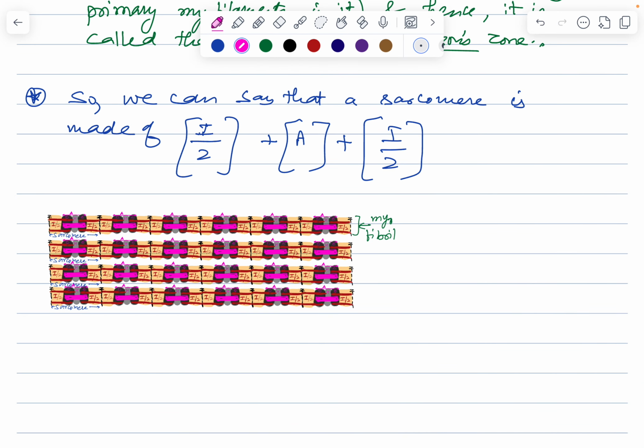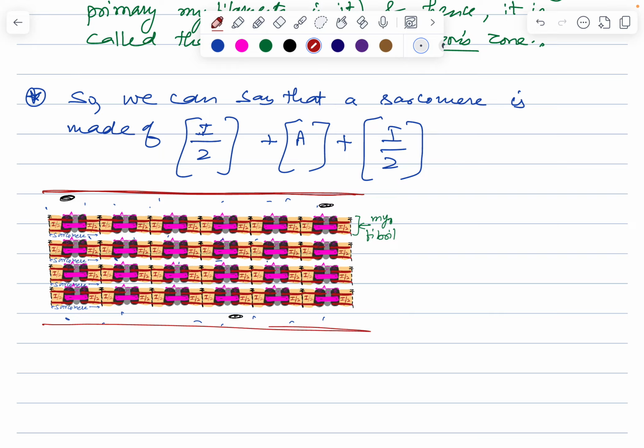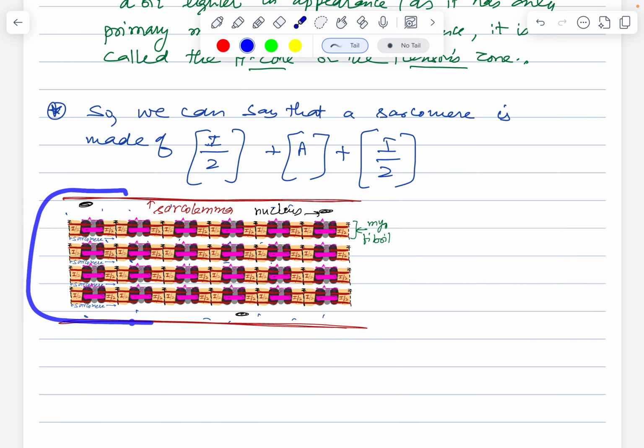Now do one thing. Add some cytoplasm around them. Add a few nuclei. And make a cell membrane, the sarcolemma. So what is it that I've drawn here? A muscle fiber.